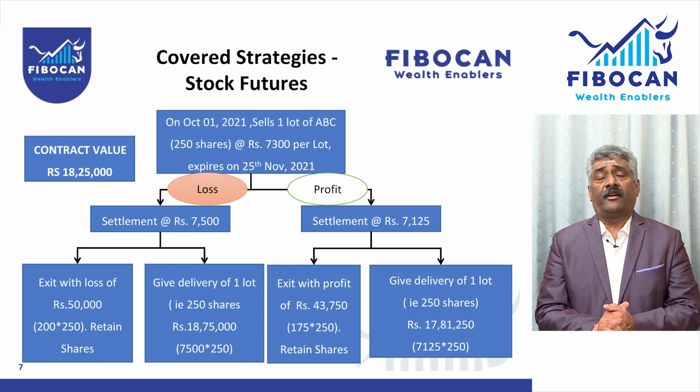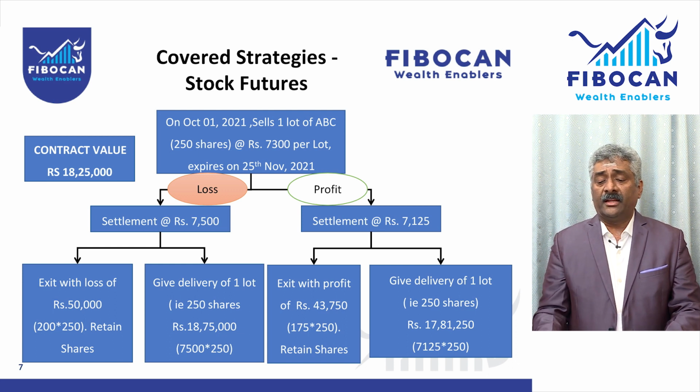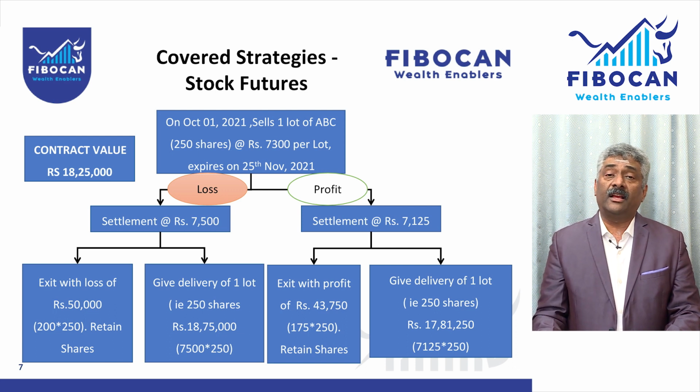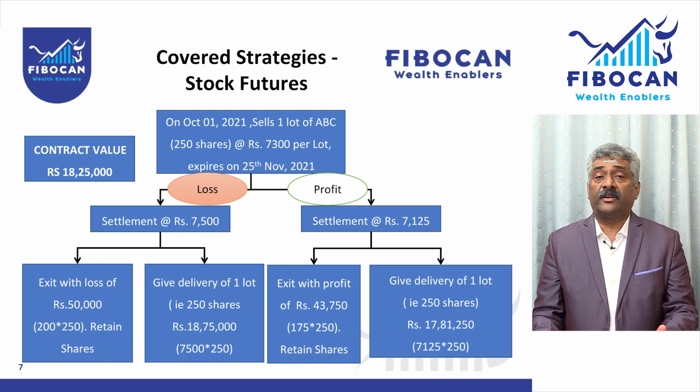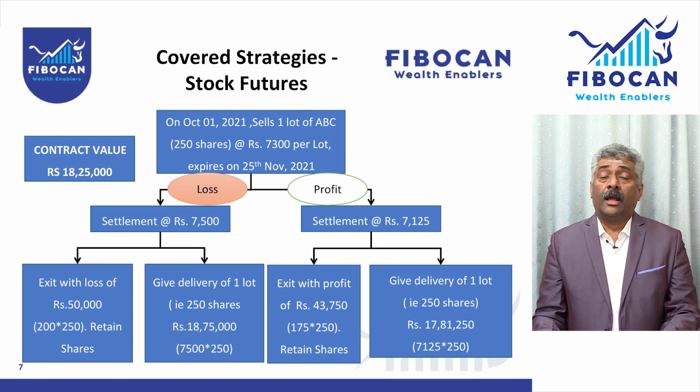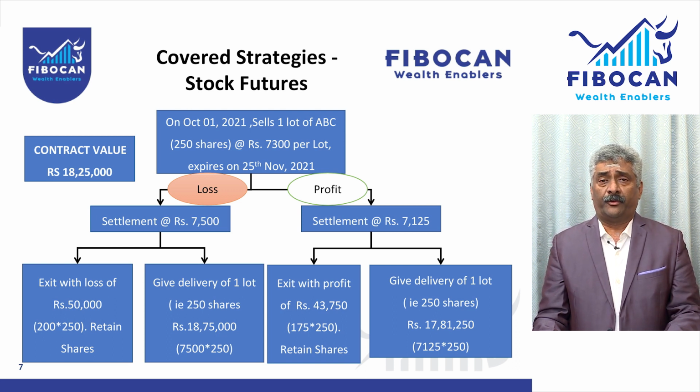By giving delivery of stocks, what happens? She is getting 17,81,250, whereas in the earlier case she is getting a higher price of 18,75,000. So in the first case, when she incurred a loss in derivatives, her long-term capital gains will come down, and tax will come down, because long-term capital gains is taxed at 10% now, at least on this day, January 2023.